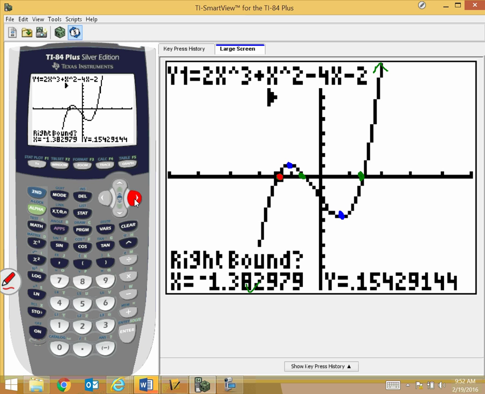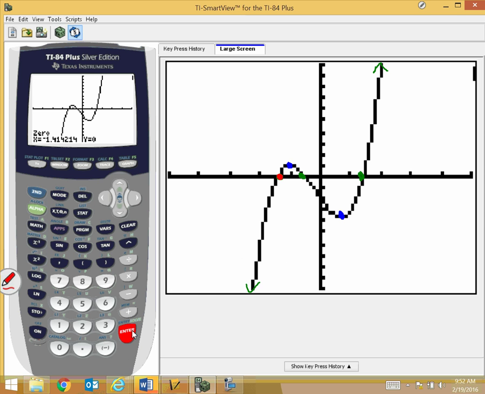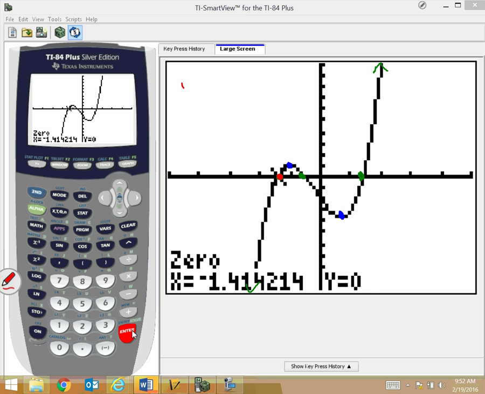Go now till my y values are positive, hit enter, because that means I crossed over and am to the right of the zero. Hit enter for guess, and I'm getting x is approximately -1.414. That's actually, I know off the top of my head, the opposite of the square root of 2, to be exact. But you guys can give me the decimal, that's perfectly fine.